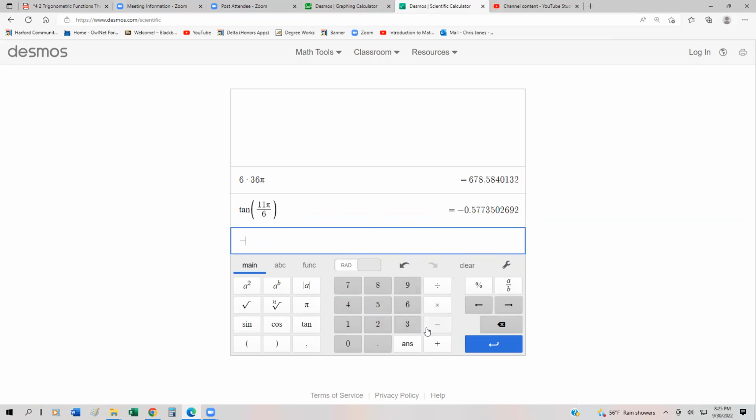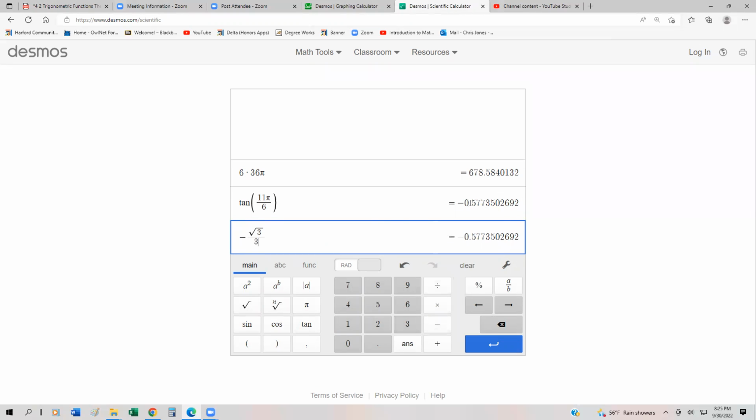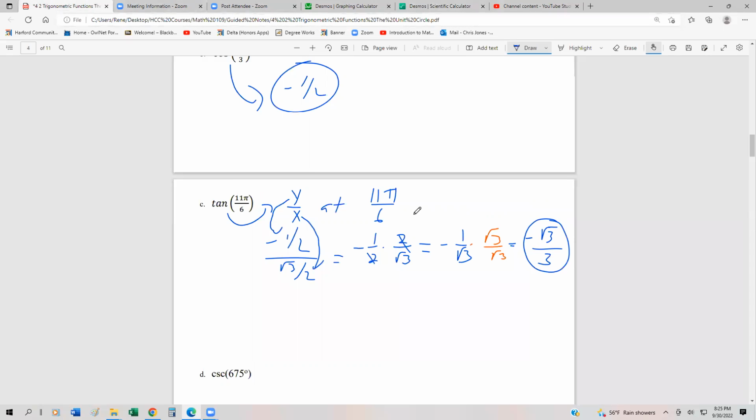Now, negative square root of 3 divided by 3 has the exact same value. So that's a way that we can check to make sure that our answers make sense. We go in our calculator and we just check these, okay, to make sure that they're the same value, okay? So make sure, again, the calculator must be in the radian mode, okay, if you're doing this.